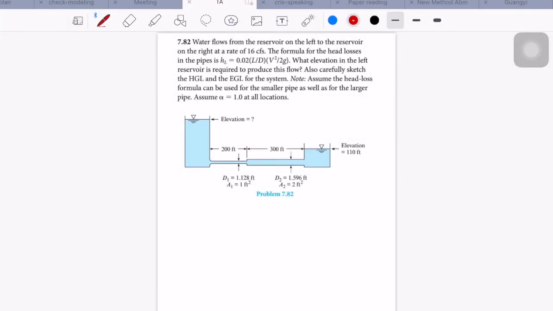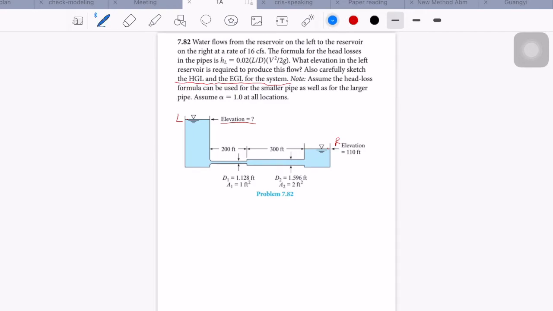For the last problem, we need to find the elevation in the left reservoir, and we also need to sketch the HGL and EGL for the system. So we locate L at the water surface of the left reservoir and locate R at the surface of the right reservoir, and we apply the energy equation.